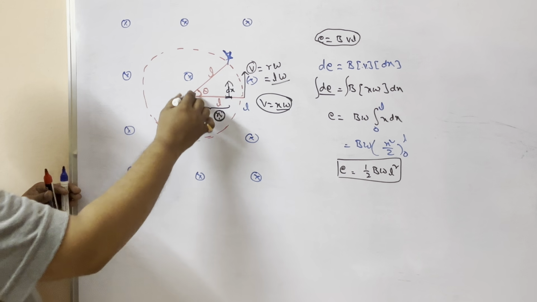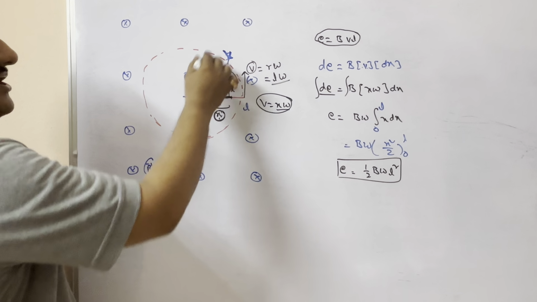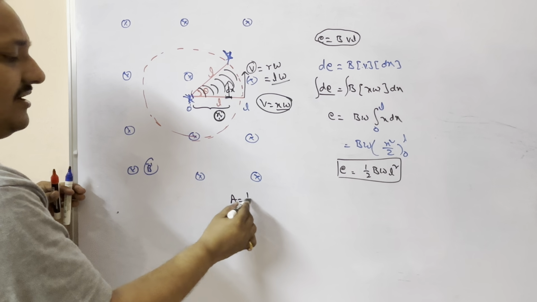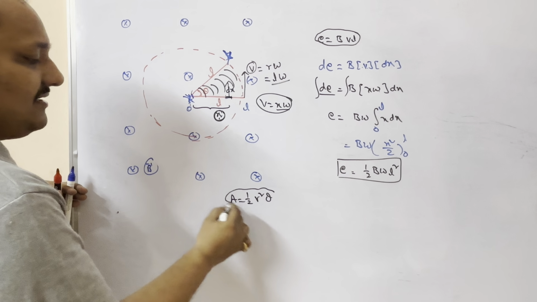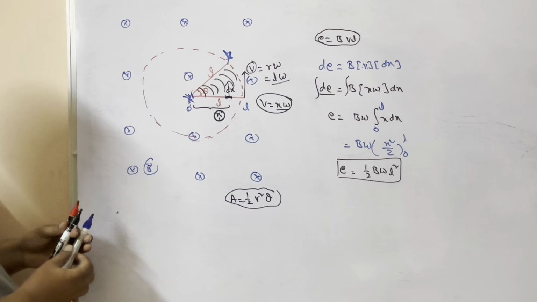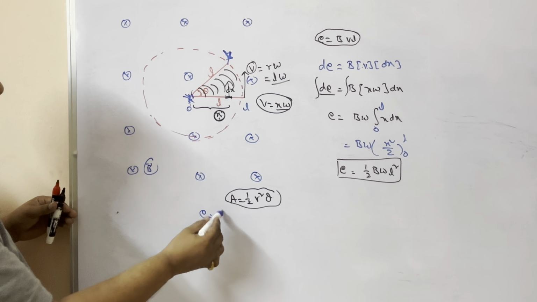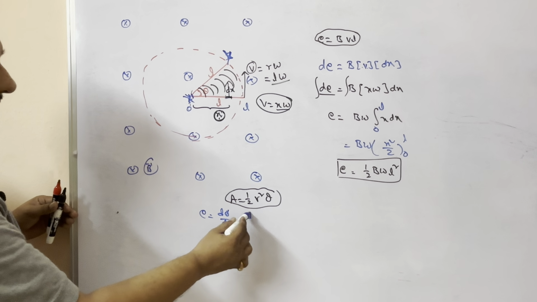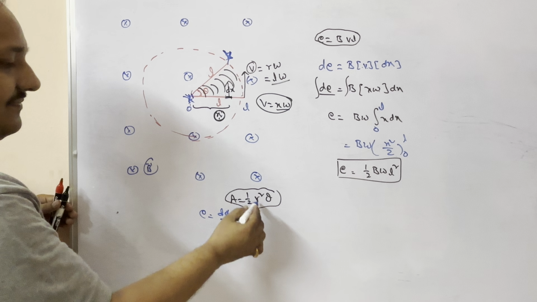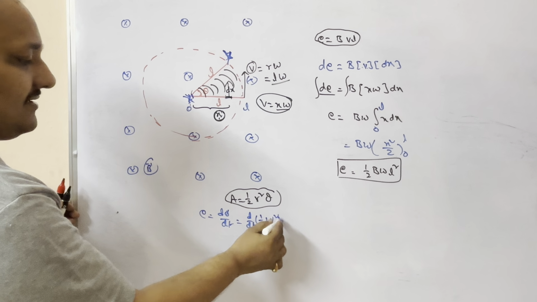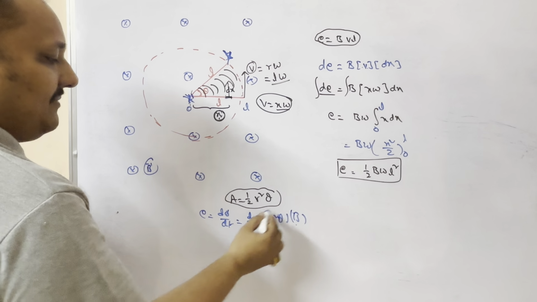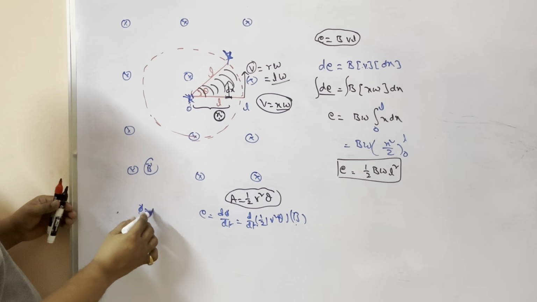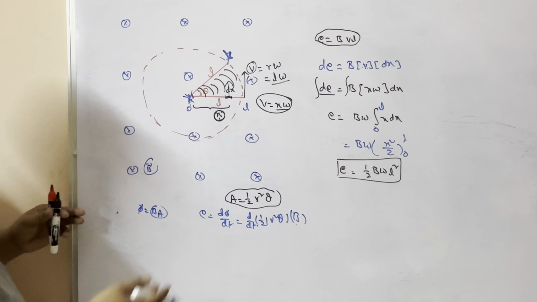Another way you can do it: the area of this is changing with respect to time. The area, according to mathematics, is half r square theta. So flux is changing, E is equal to d phi by dt. So d by dt of half r square theta into B, because phi we came to know is B A cos theta.